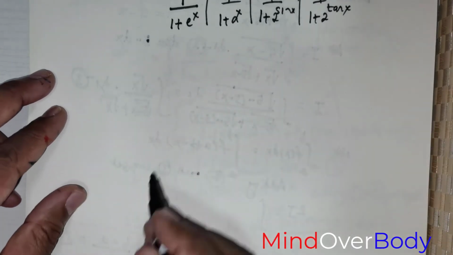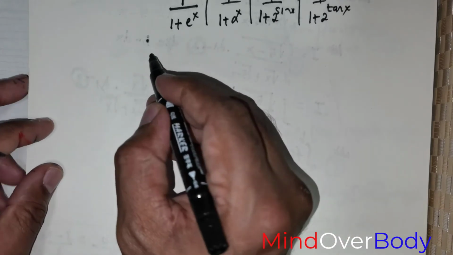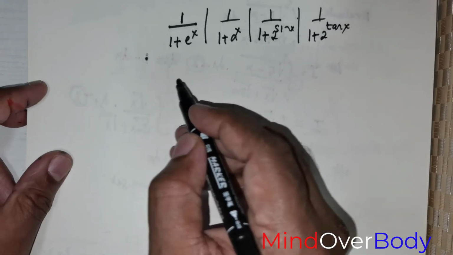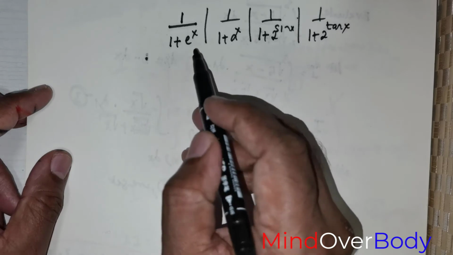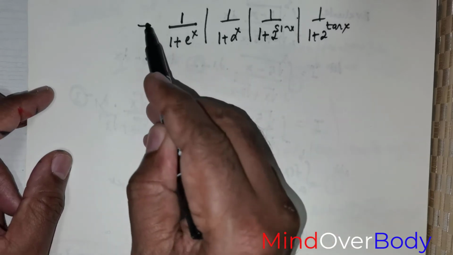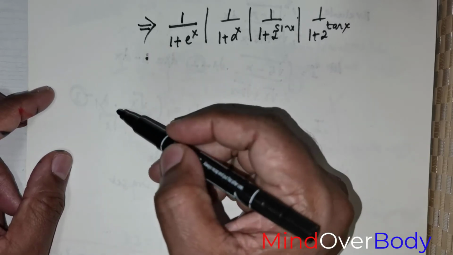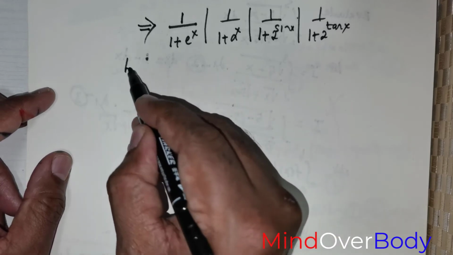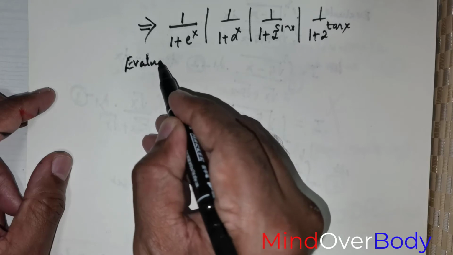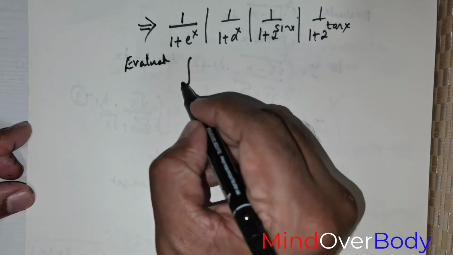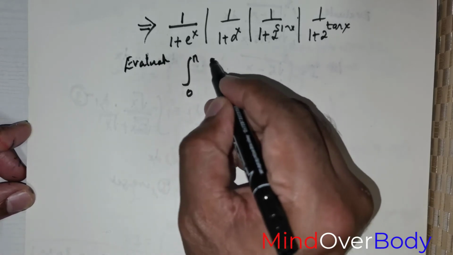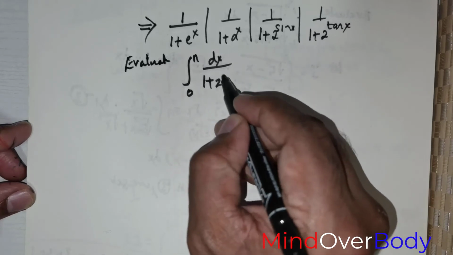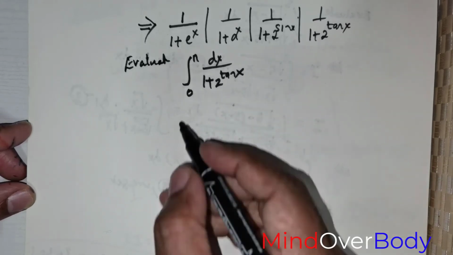For all these forms, you can follow the method that I'm going to show you. So these are the forms that we would be focusing on, and we will start off with this question: evaluate the integral from 0 to pi of dx over 1 plus 2 raised to the power of tan x.